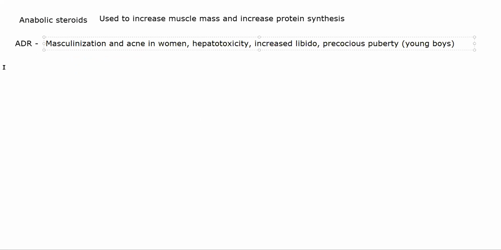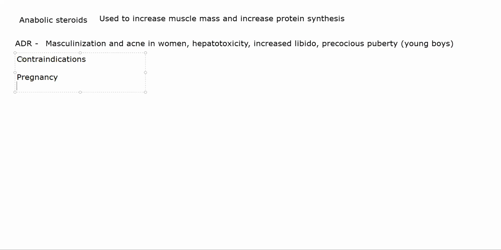Now, contraindications of anabolic steroids. You cannot give them in pregnancy. You cannot give them in carcinoma of prostate and breast in men. Okay. You cannot give them in infants and children because it will mess up their hormonal levels and it will change the age of puberty.